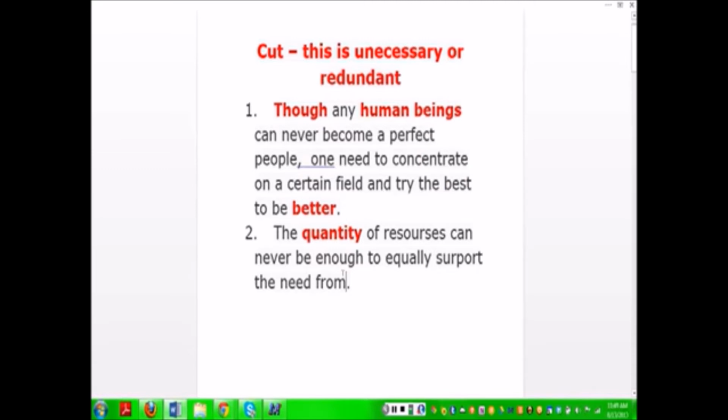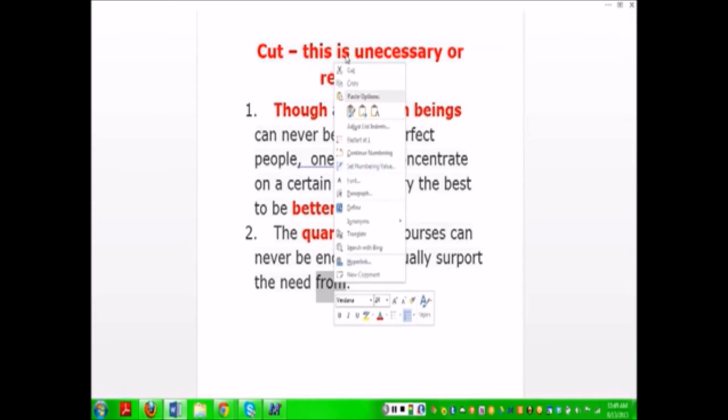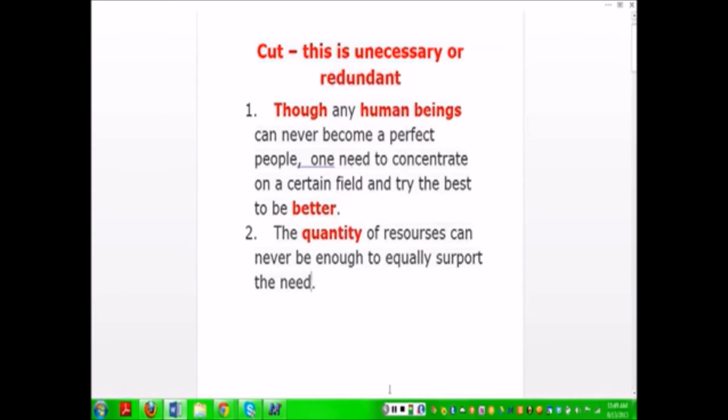Who equally support the needs. Don't need this word either, so I can get rid of all of these words. And again, normally you qualify something, meaning partially, but if you mean the whole thing, you don't need to put anything.